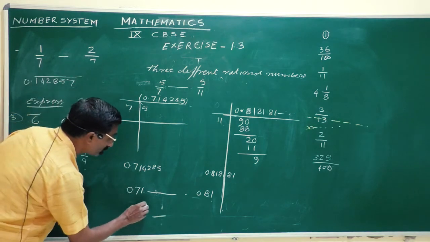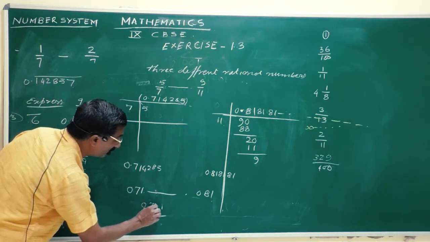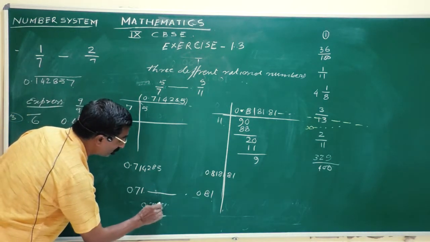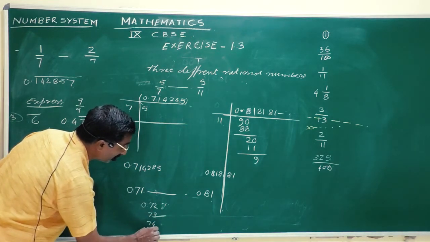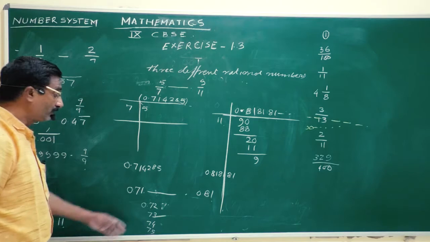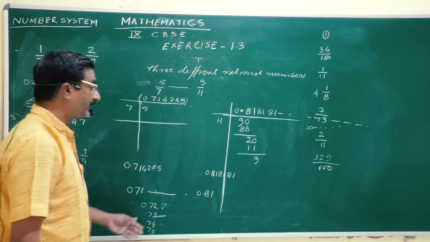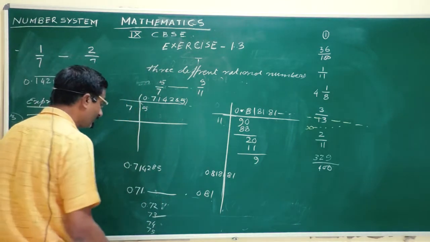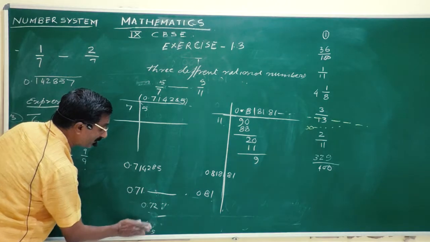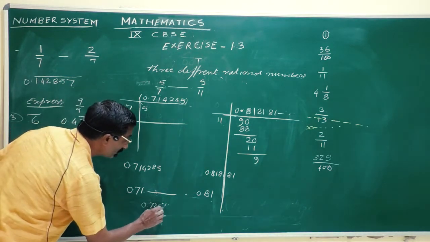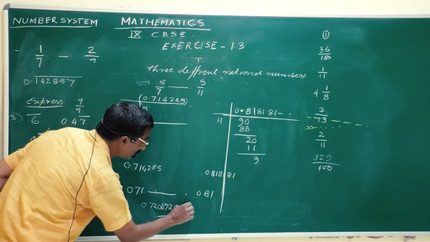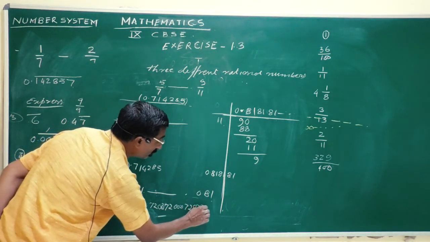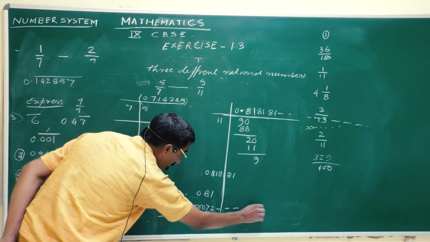So 0.72 will be a number, 0.73 will be a number, 0.74 will be a number, and so on. I will write a few of them. So 0.72, 0.0072, 0.00072, 0.00072 and so on.